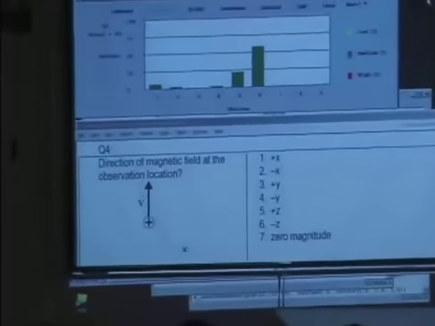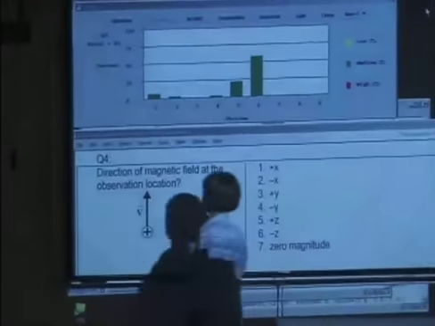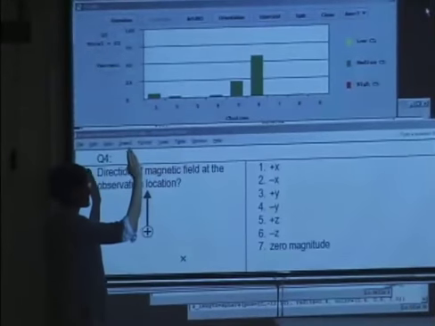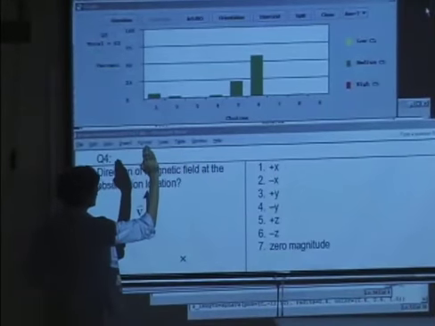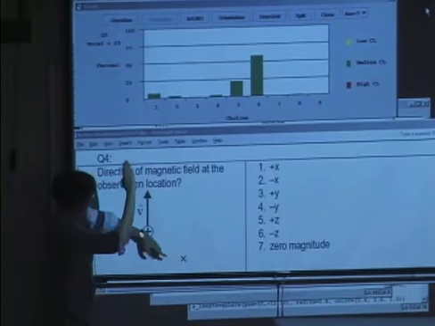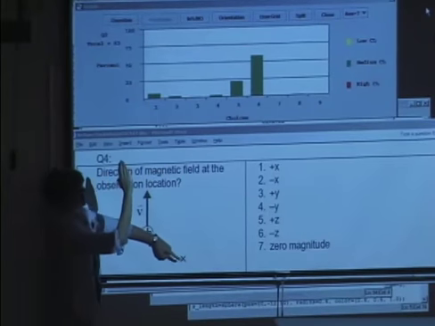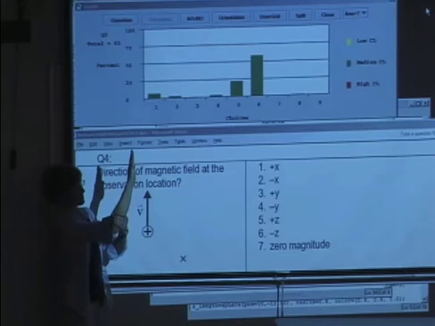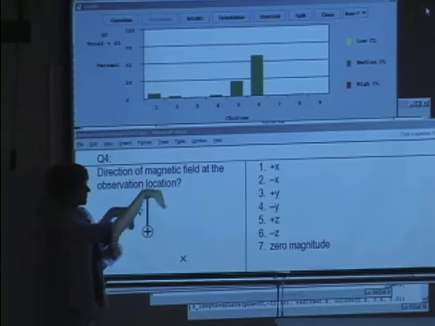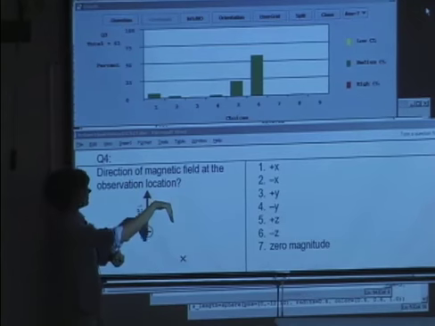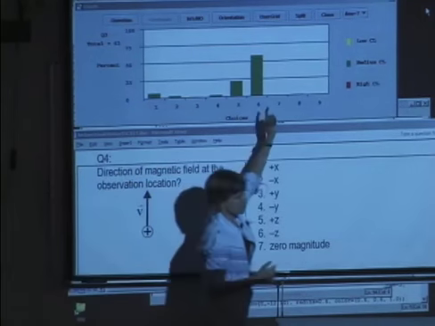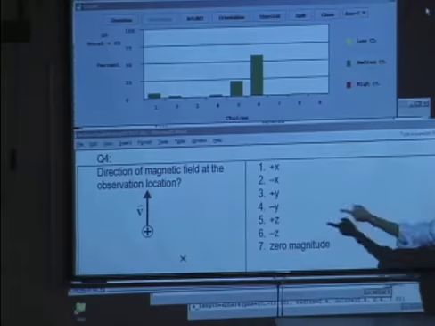Well, not unanimous, and we need to be unanimous, so let's see what the story is. V is in the plus Y direction. Now, I have to curl my fingers. This would be R here, so I have to curl my fingers toward R, so I definitely have to rotate the wrist. Thumb points into the board, which is negative Z, so the majority wins. And it's a positive charge.